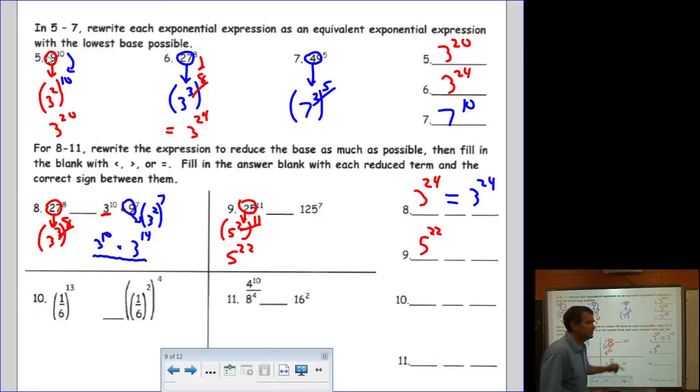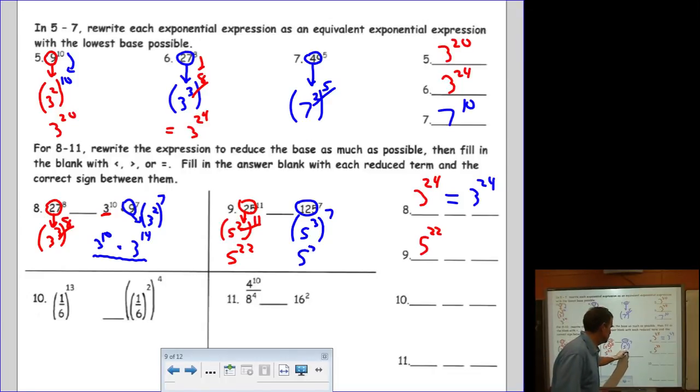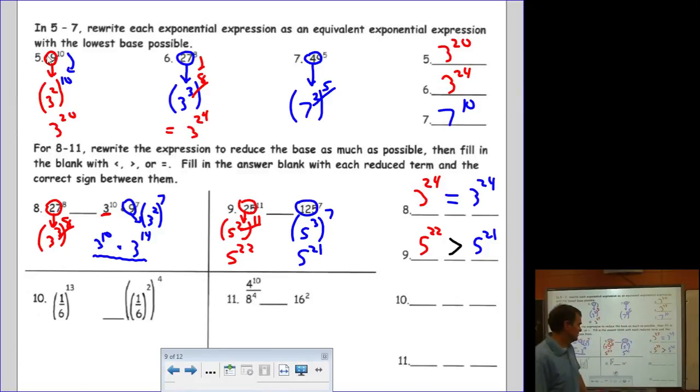The 125 can be rewritten as 5 to the 3rd power, because 125 is a perfect cube. But since it was to the 7th power, you need to rewrite this as to the 7th power. And that gives you 5 to the 21st power. And so, 5 to the 22nd is bigger than 5 to the 21st.